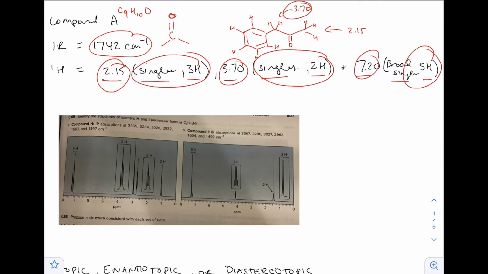But it is a benzylic proton, so it's next to that benzene, and it's also next to the carbonyl group, so it's going to be shifted a little bit more downfield compared to the normal benzylic, or the normal alpha CH2. But everything else checks out, and that's the most important thing. The multiplicity checks out, the bond connectivity therefore has to be good, and so we'll just accept that 3.7.